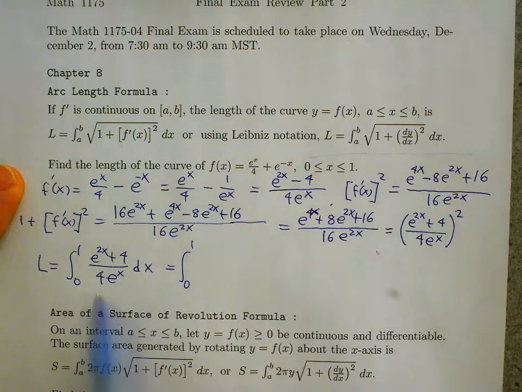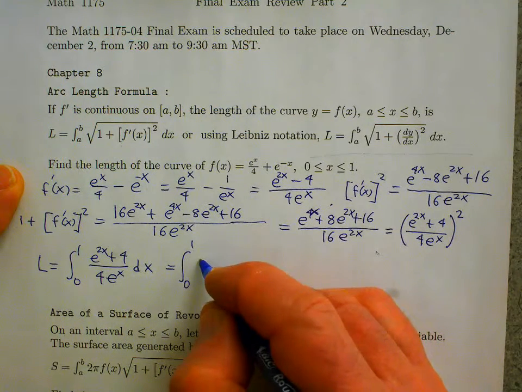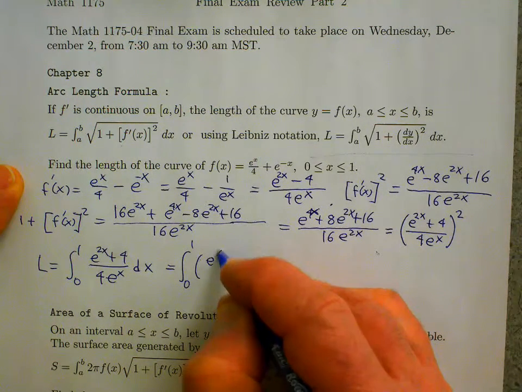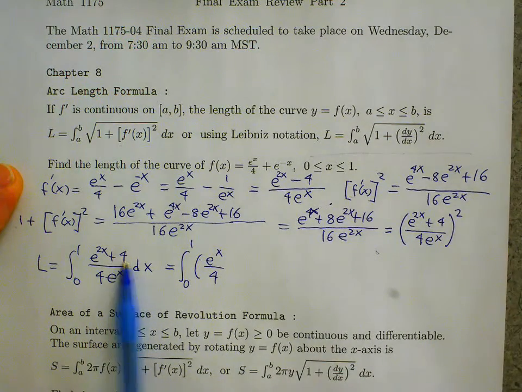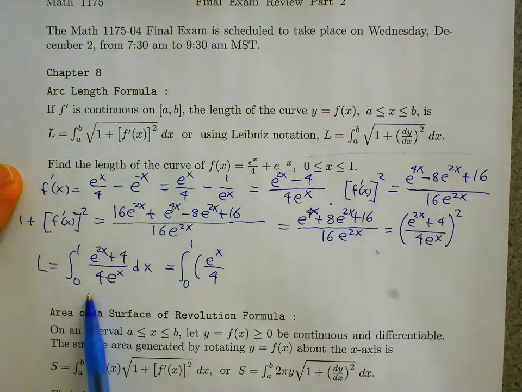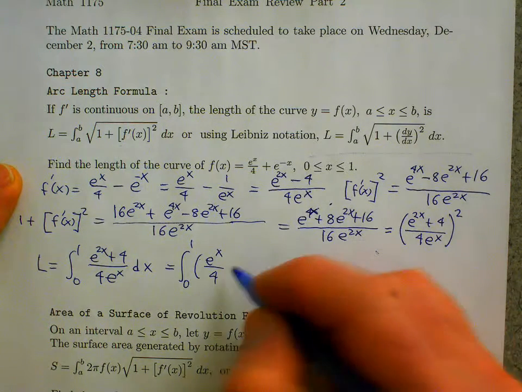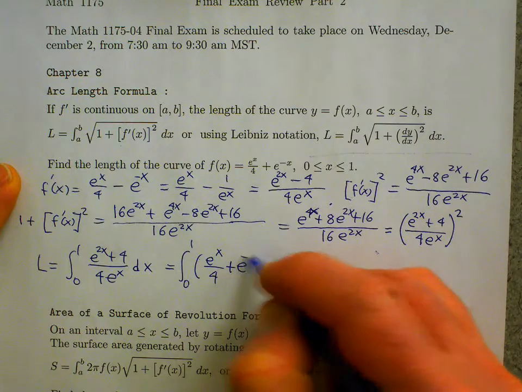Okay, so let's simplify a little bit. e to the 2x over 4 times e to the x is just e to the x over 4. And then 4 over 4 times e to the x is plus 1 over e to the x, or plus e to the negative x.